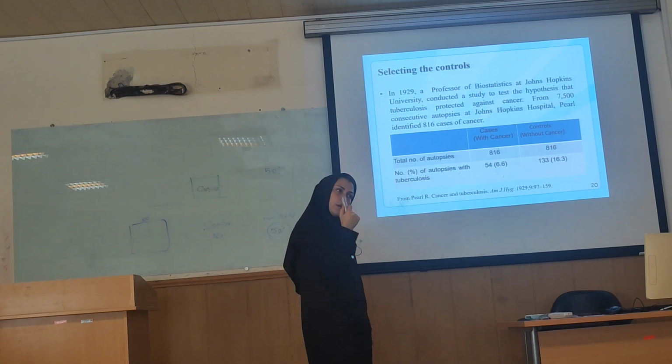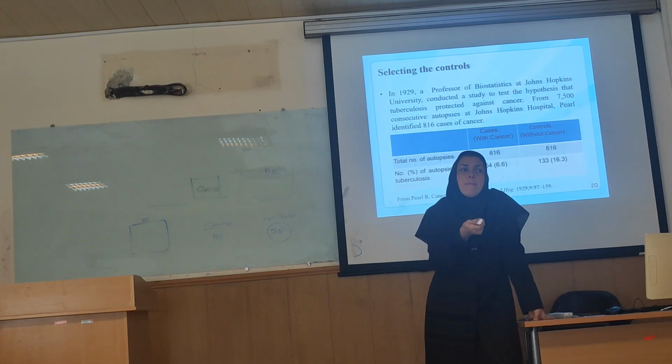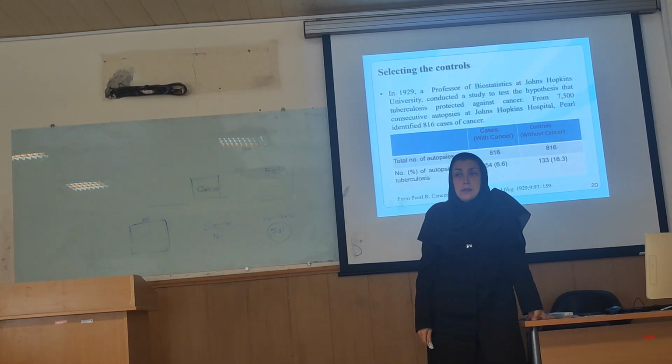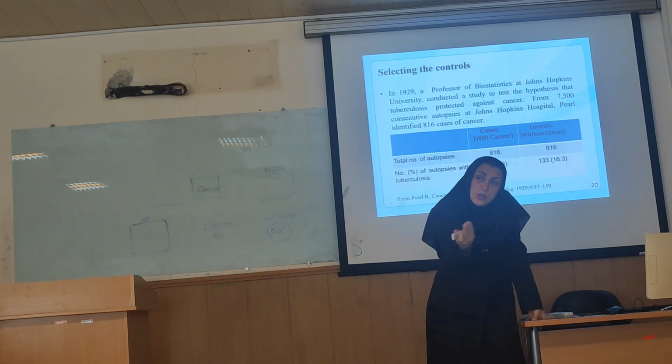I want to select my cases from hospital. How can I select my cases? You will look for patients. I can go to the hospital and go to which ward? To the cardiovascular section.